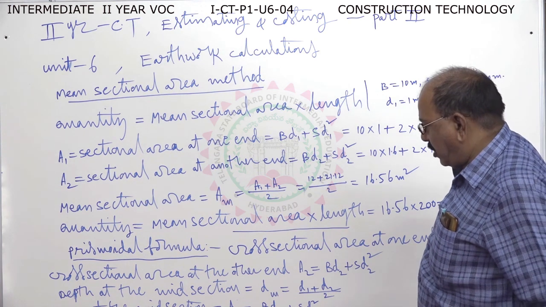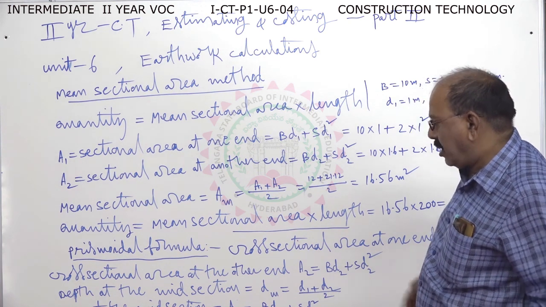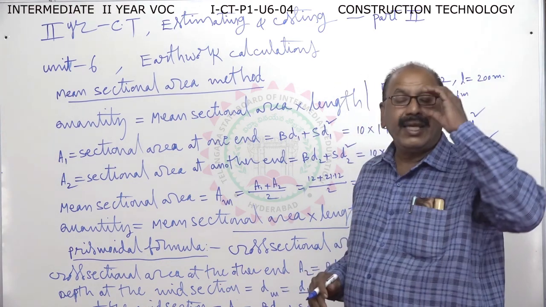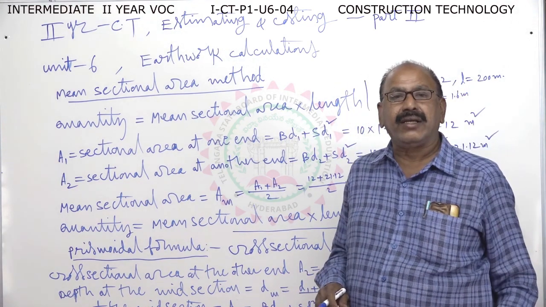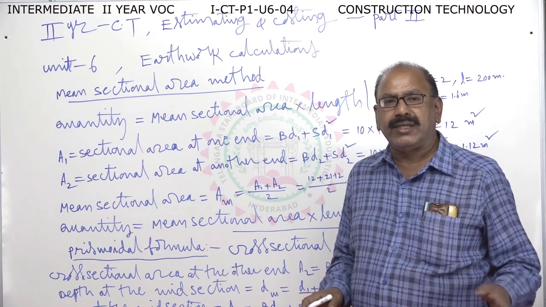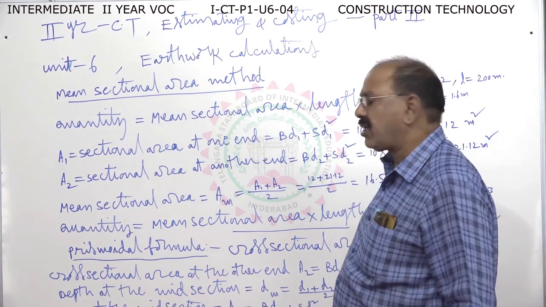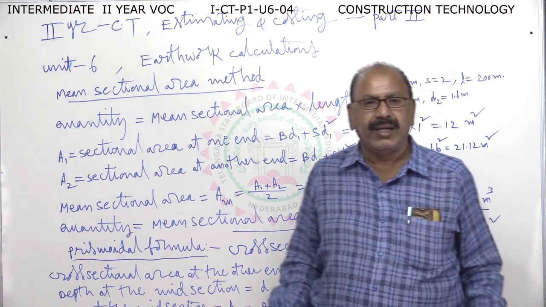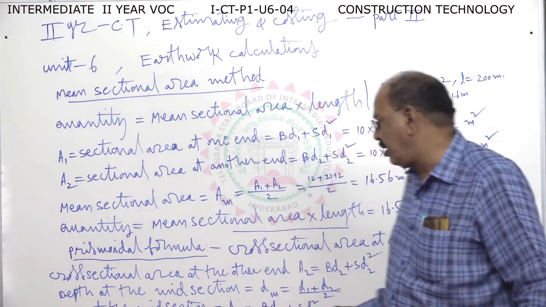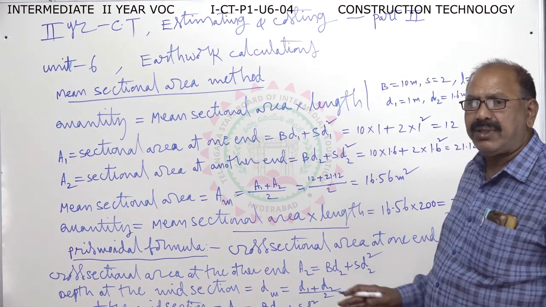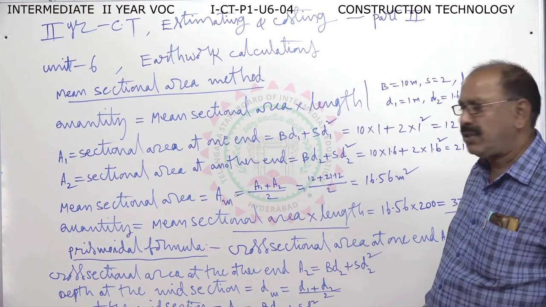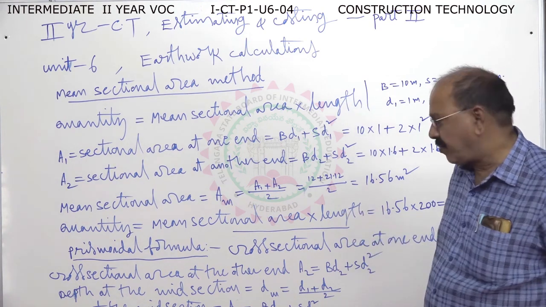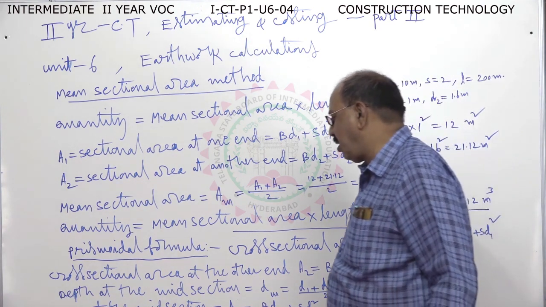Sectional area at the two ends and area at the midsection. If you find both of that, this method is finished. Now see, prismoidal formula.